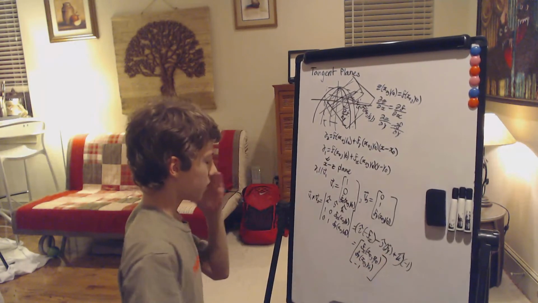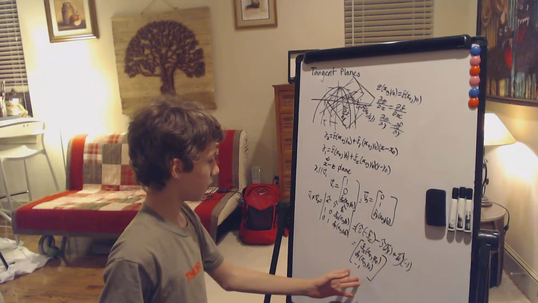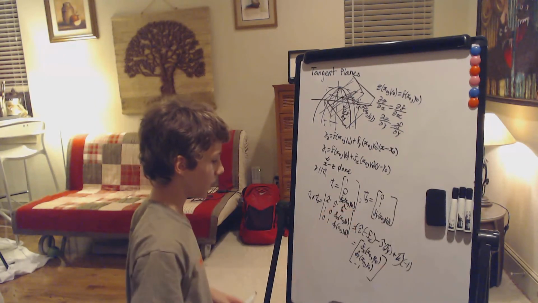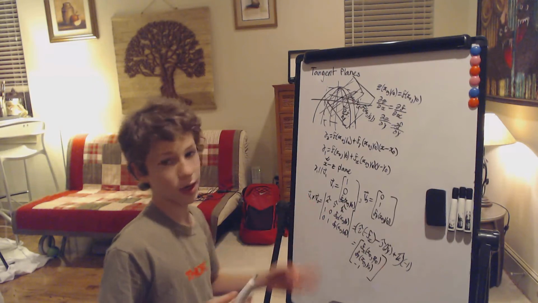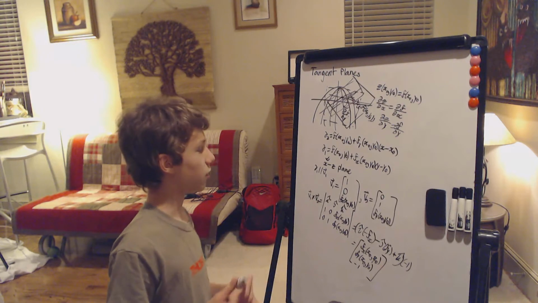Okay, so now if we take the dot product of this vector with any other vector on the plane, then we'll get our equation of our plane, right?